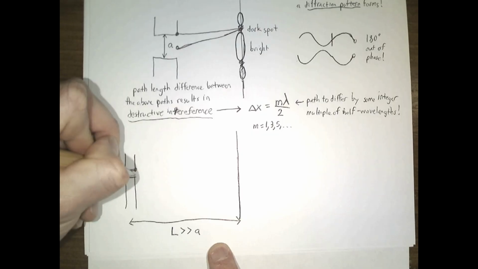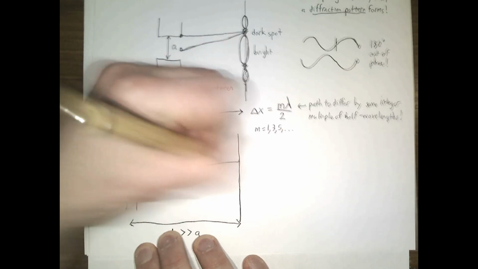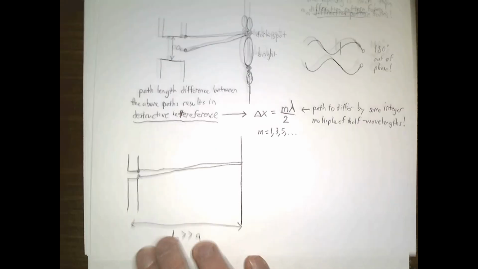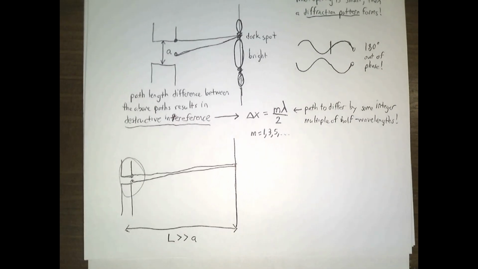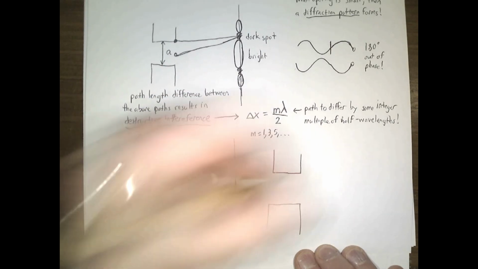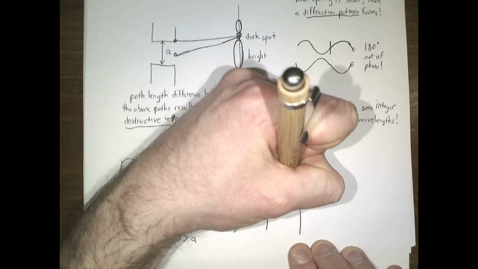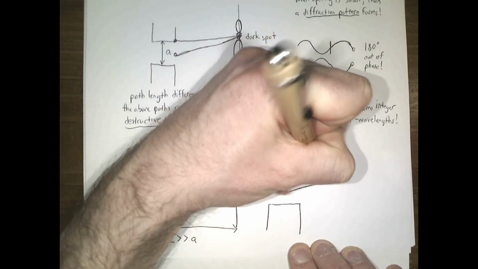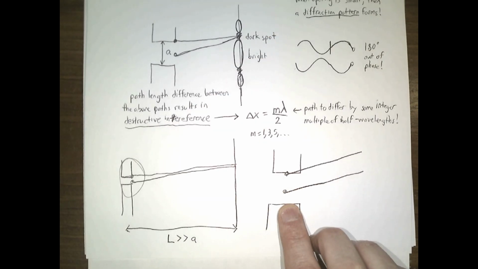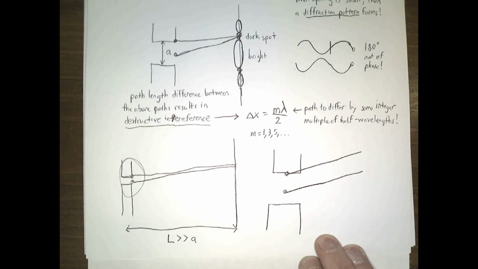Well, in that limit, if we're looking at the distance here, there is a difference in these lengths, but if we were to zoom in on this portion here, and we look at how the light gets there, we can roughly approximate in the region of the slit that this ray of light is parallel to this ray of light.